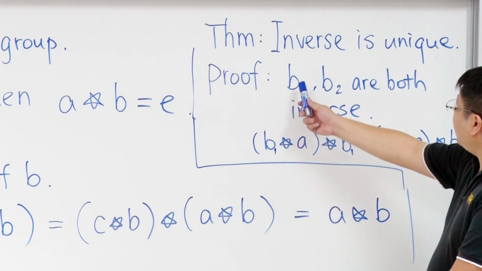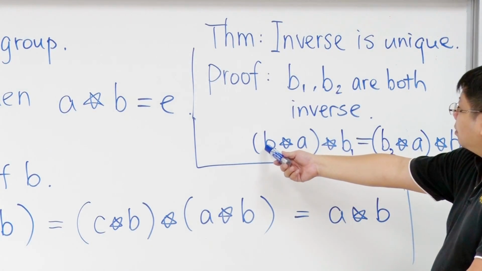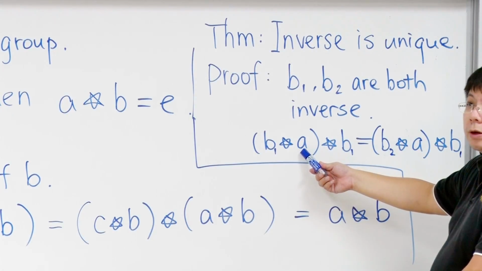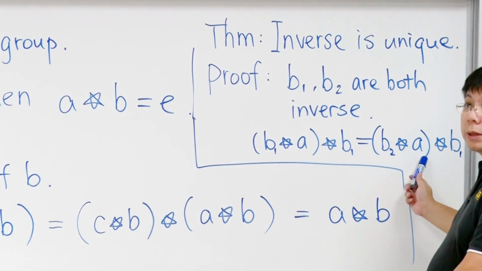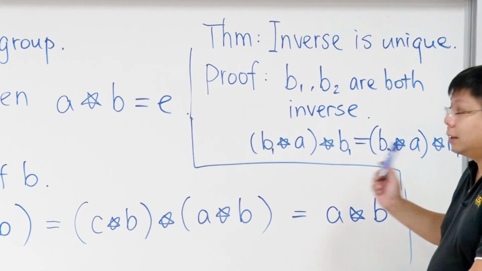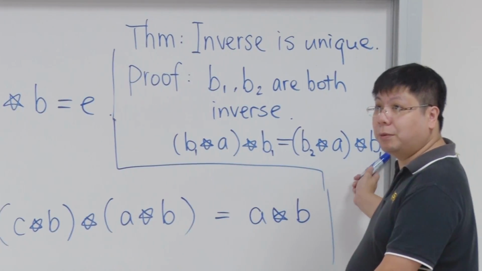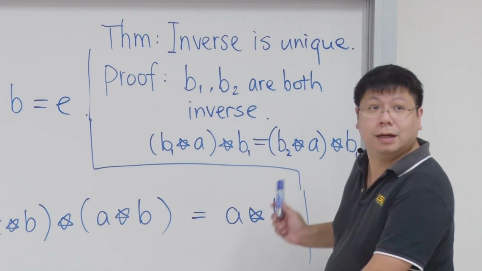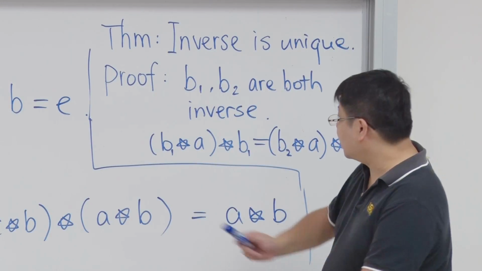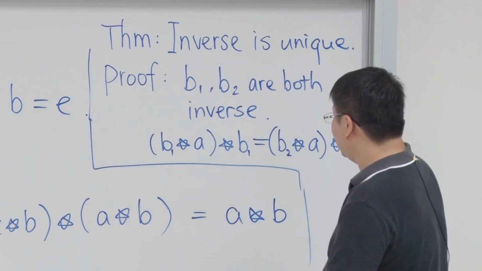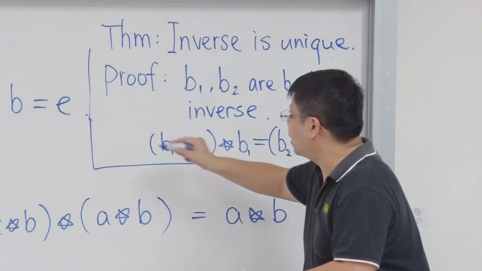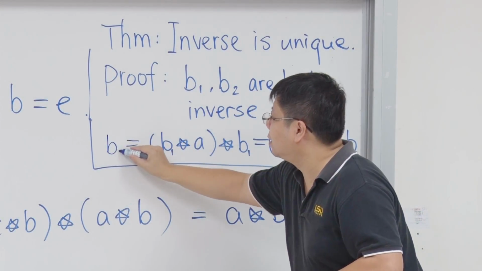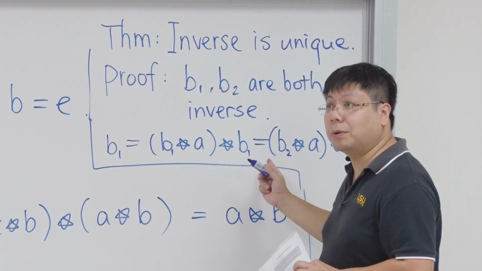So let's say B1 and B2 are both inverses. So B1 multiplied with A is going to be E. B2 multiplied with A is also E. So E B1 is equal to B2 A B1. So far so good, right? The left-hand side is equal to B1. No problem, right? E B1 is equal to B1.